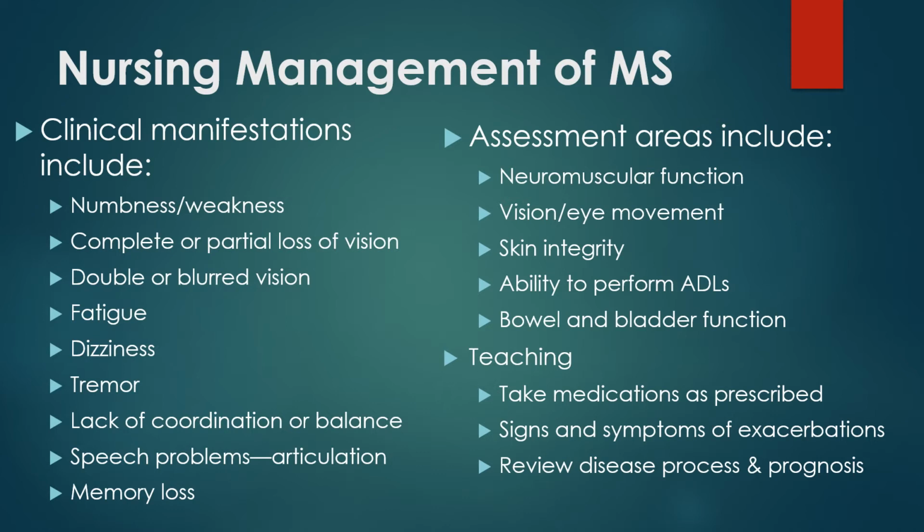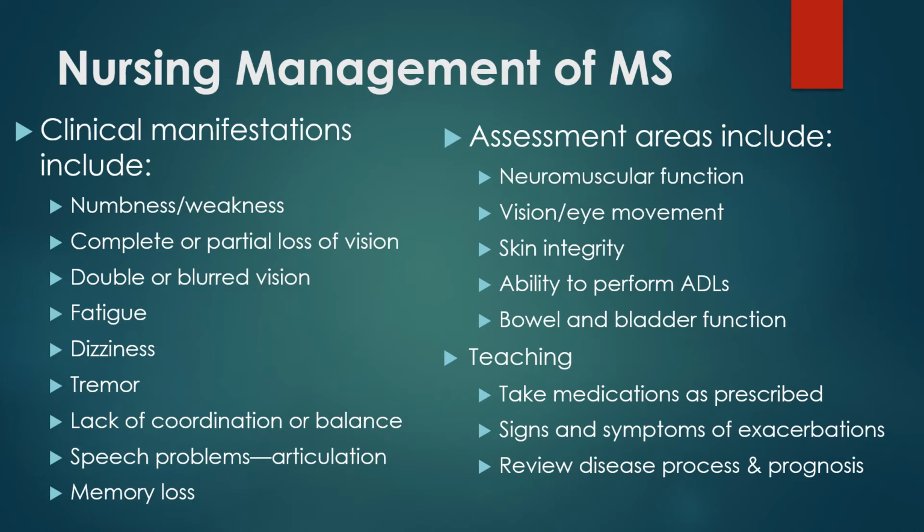Let's see, impairment to the bladder and bowel may result in incontinence and constipation. So as a nurse, I would develop a bowel training regimen and encourage fluid intake with these patients. Remember, as nurses, we're educators, so teaching would include the following: the need to take prescribed medication to decrease exacerbation, to slow disease progression, and to treat symptoms.